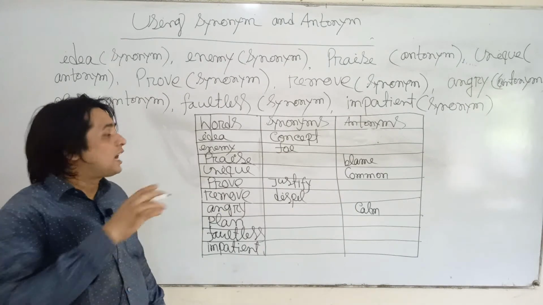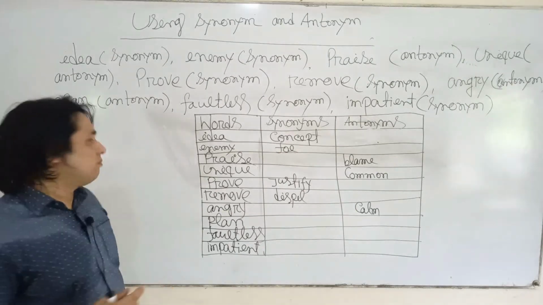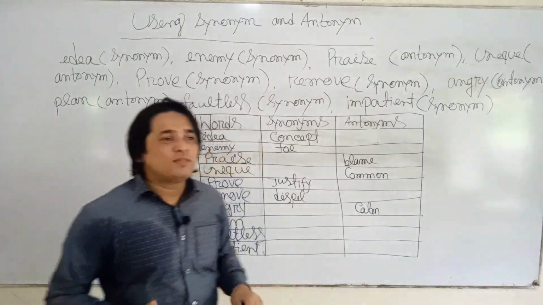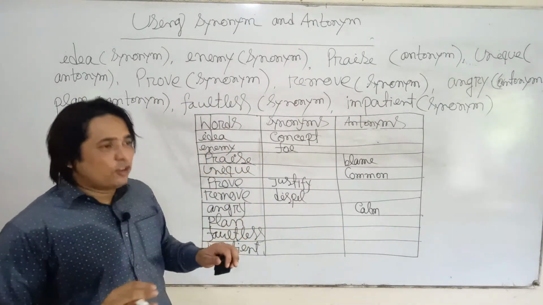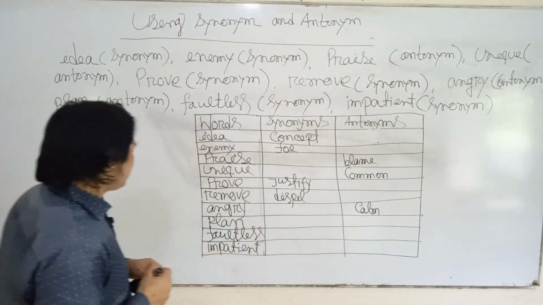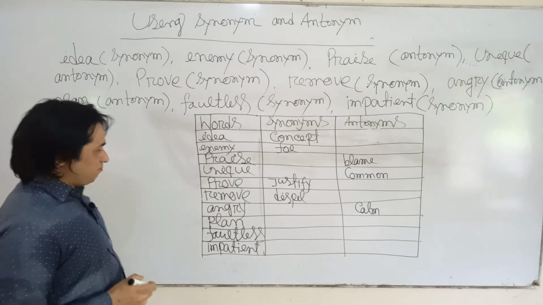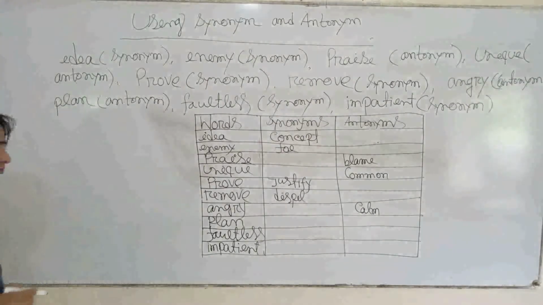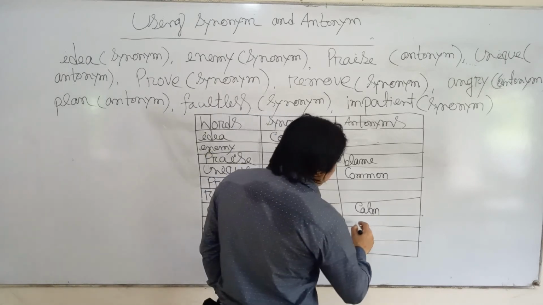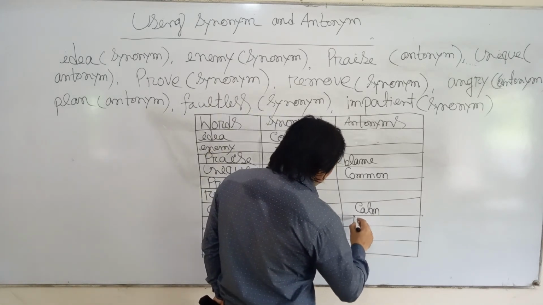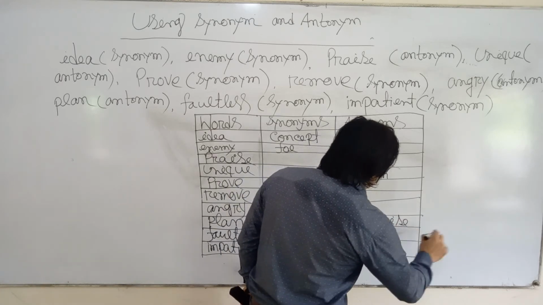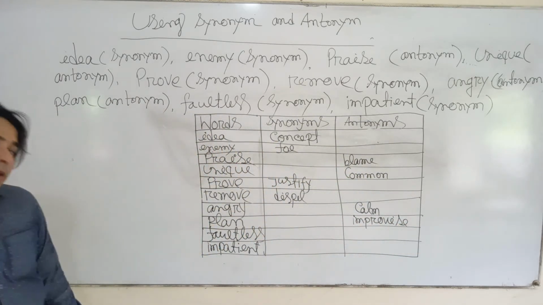It's calm. Calm down means to become calm, to become actually very polite, to become gentle. Plan. Antonym. Plan. The antonym will be improvise. Improvise, plan.